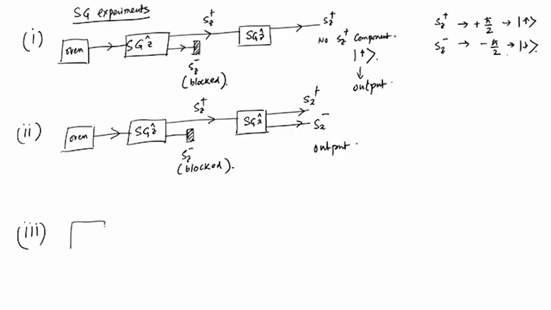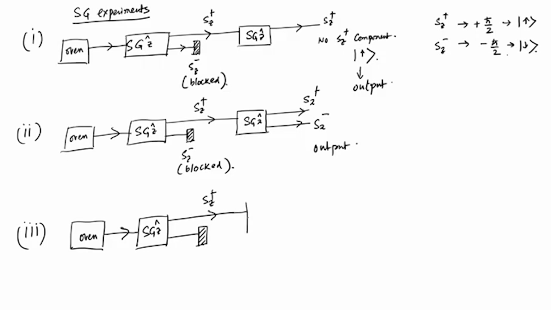So, we add one more layer of complexity and put this oven and an SGZ, that is the first, and again let only the Sz plus component go through, the Sz minus one is clipped.